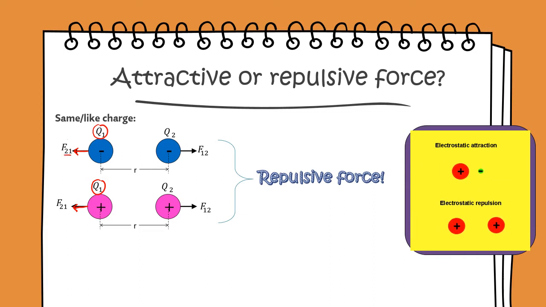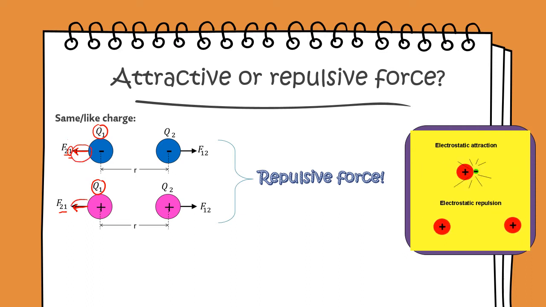F21 means F of 2 on charge Q1. On charge Q1 means that we will sketch the direction of force on charge Q1.